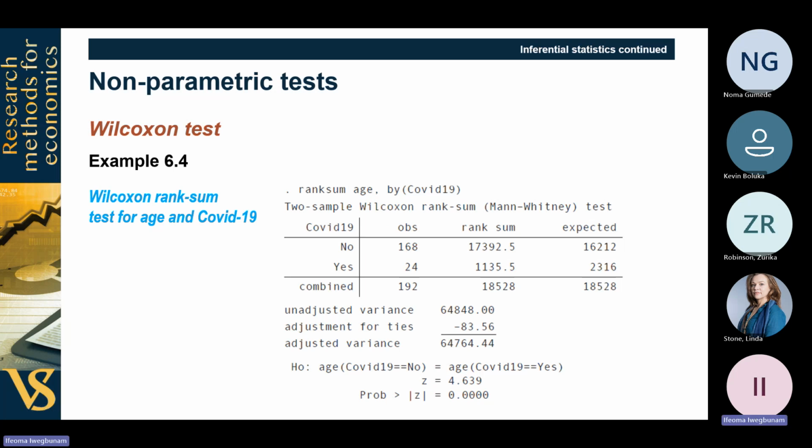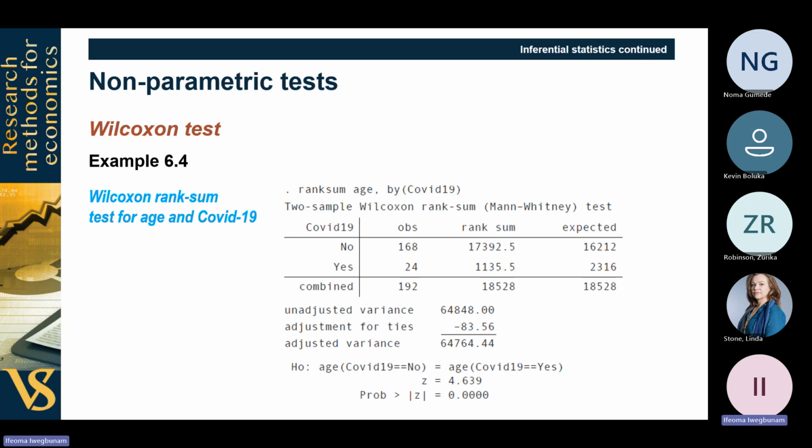Then, when we want to use a Wilcoxon test, here is a two sample Wilcoxon rank sum test, using an observation of COVID-19 patients, looking at the results that have to do with age and COVID-19 patients. The result is positive, and so you have to look at the probability.